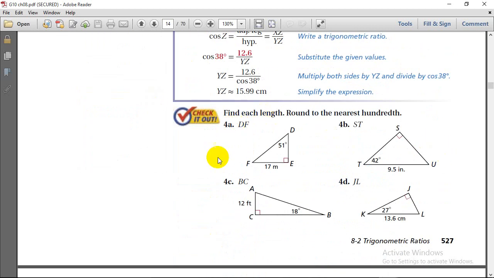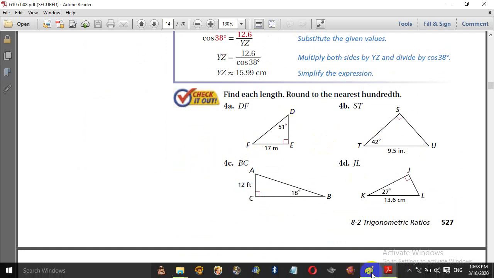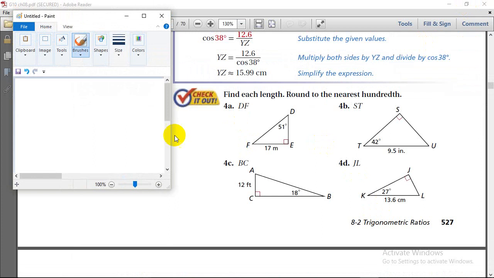Try to solve this practice. He wants DF. DF here is the hypotenuse. How are we going to solve something like this? I have here angle D, and I want the hypotenuse. But what about angle D?